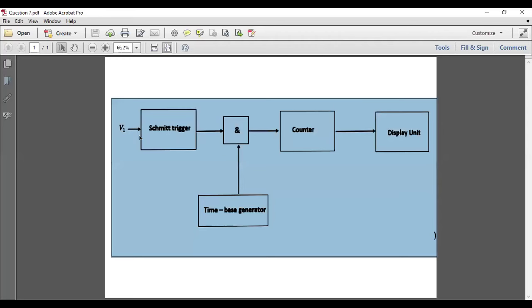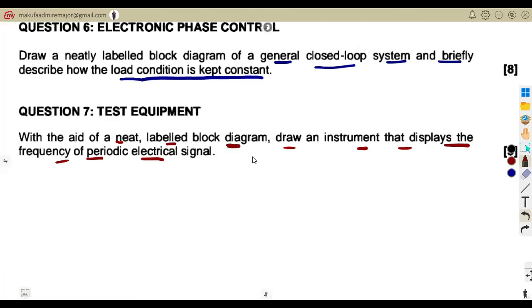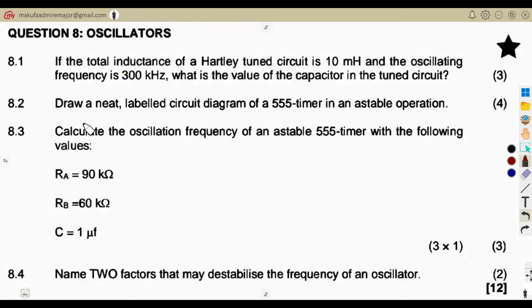We have V1 connected to the Schmitt trigger, and to the counter, the time-base generator, and to the display. So that is what you needed there. Just go through your notes, guys. Your diagrams and explanations need also to be done. That's the idea of your Schmitt trigger circuit, which is the one we are going to use as part of our frequency display of the periodic electrical signal that you're given.